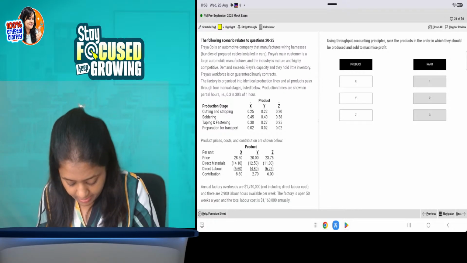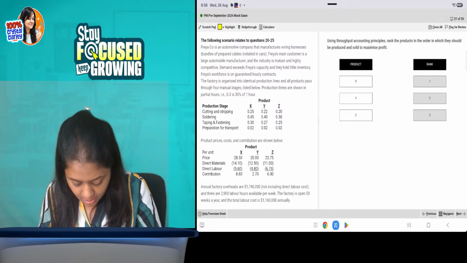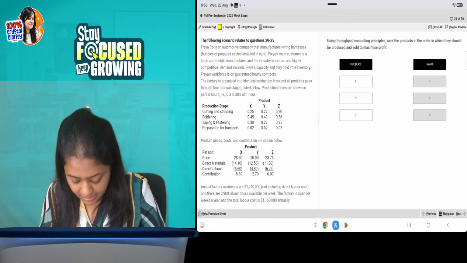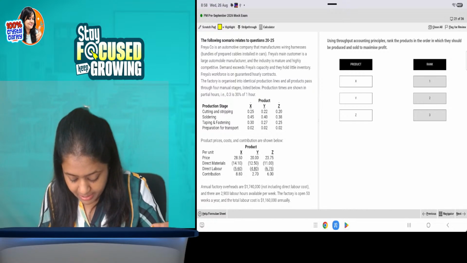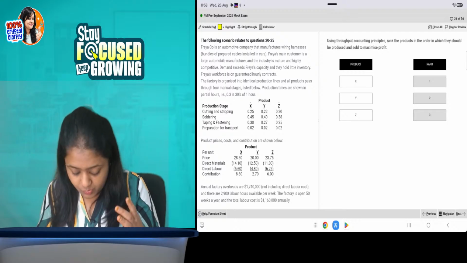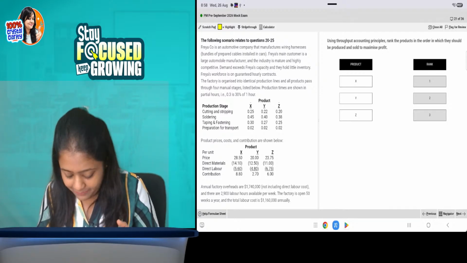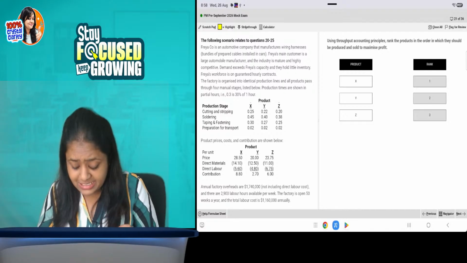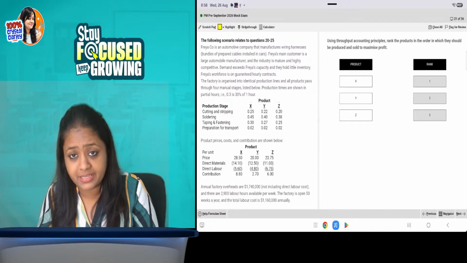So here we have X, Y, and Z. X is requiring 0.25, that is 25% of 1 hour. Y is requiring 22% of 1 hour. And Z is requiring 20% of 1 hour. I'm telling you a very, very easy way to do it: just see, overall calculation wise, which product is requiring more time.